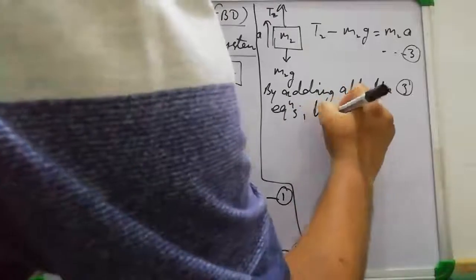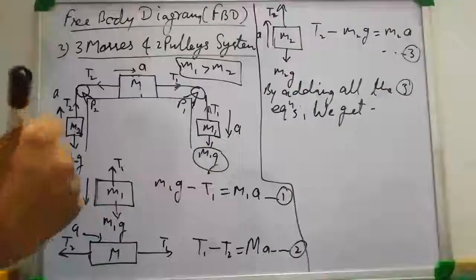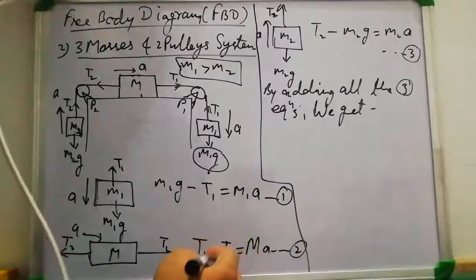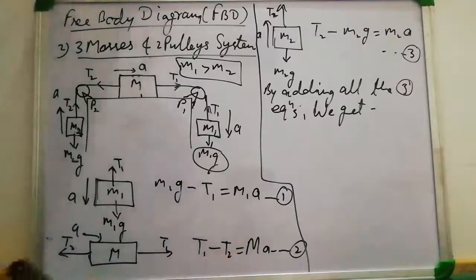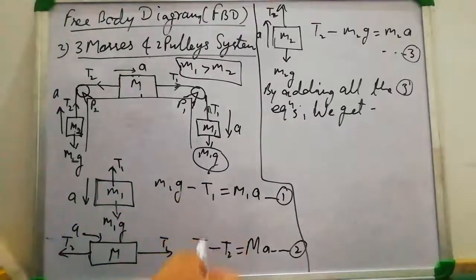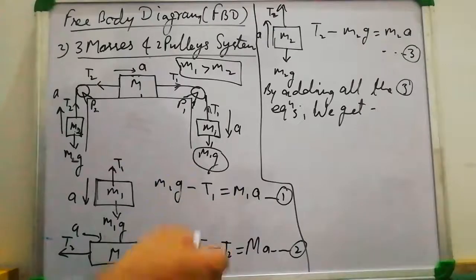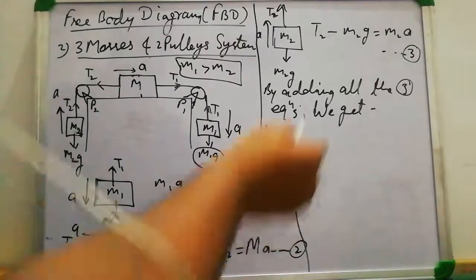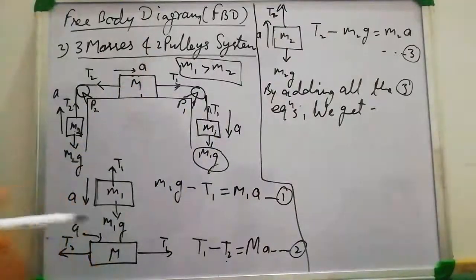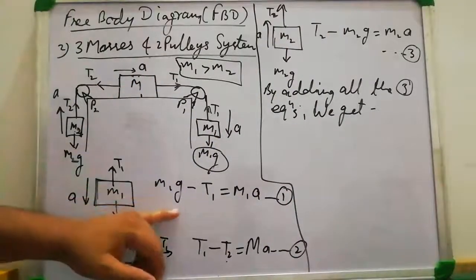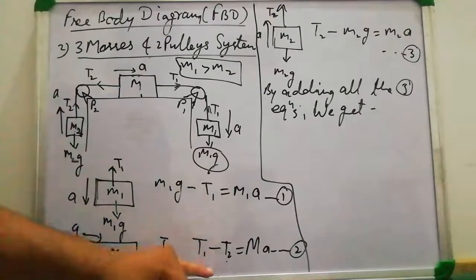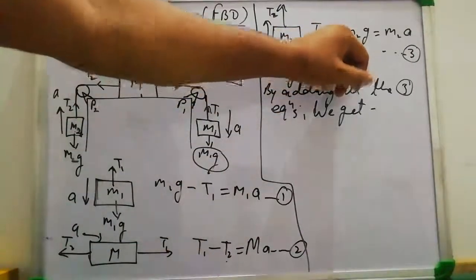Look, minus T1 and plus T1, if we add them, will cancel out, and minus T2 and plus T2 will also cancel out. So here we will get M1g, these T's will be cancelled out, and minus M2g.